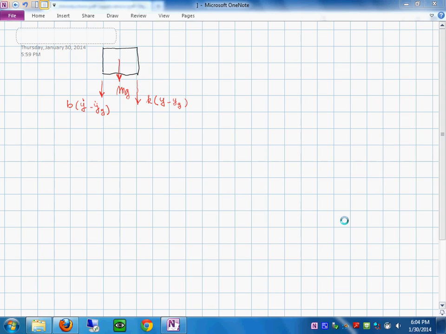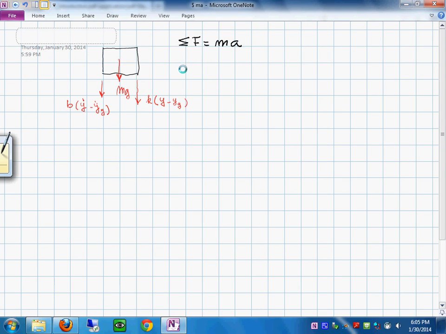Let's look at this mass spring system we have in here and the free body diagram, where we're going to write that the differential equation is the summation of forces equal to mass times acceleration.